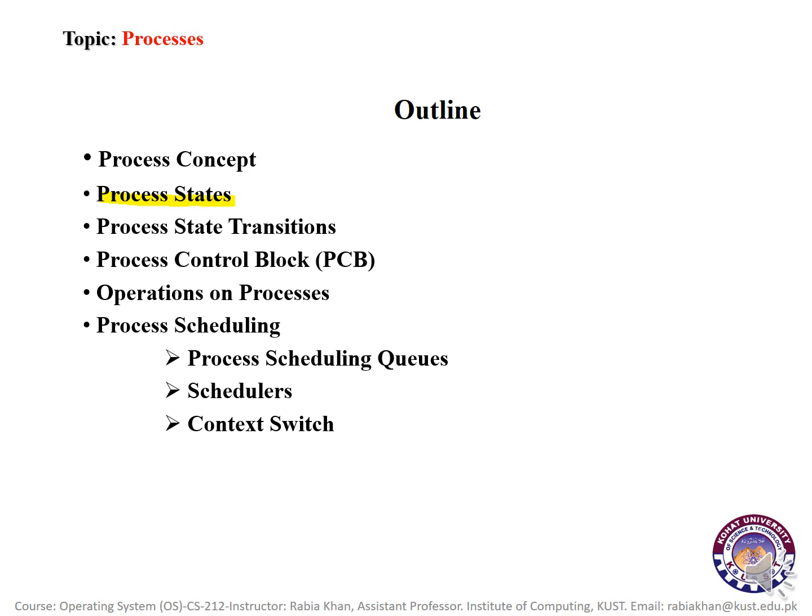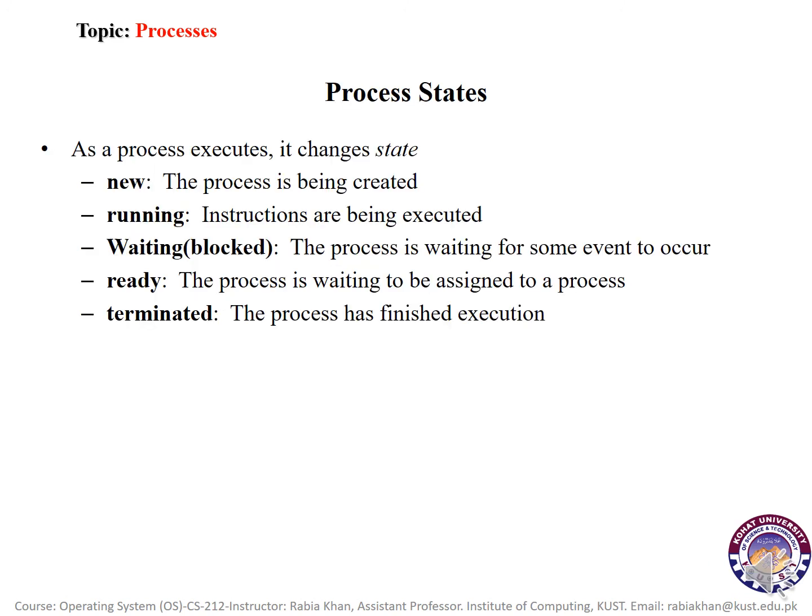Matter shows three different states: solid, liquid, and gas. Similarly, your task, your job, your application, which is in execution, shows different states during execution. What are those states? Let's discuss that. These are some of the states. I'll be discussing a few more in the coming slides, but the common ones are these few.